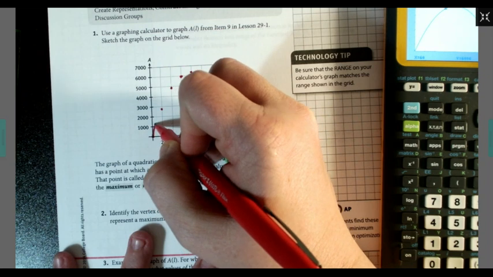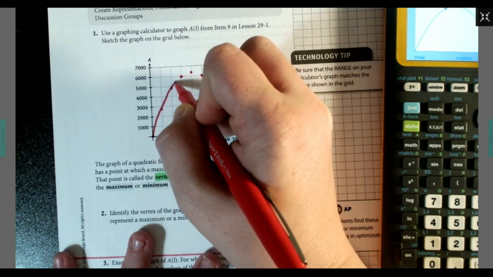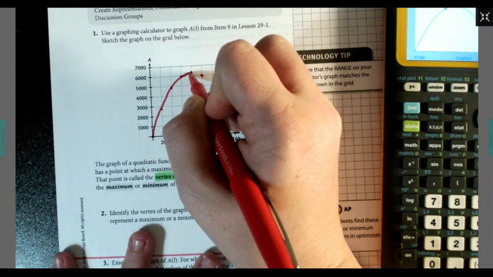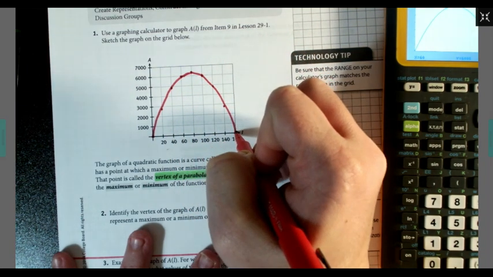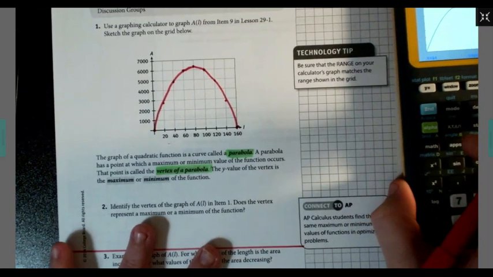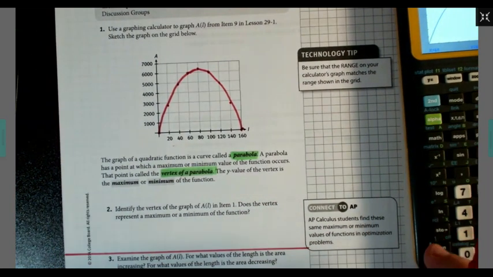But this time it wanted me to graph the function. So we are graphing the curve and all. Something like that, right? It kind of looks like maybe an egg-ish shape.